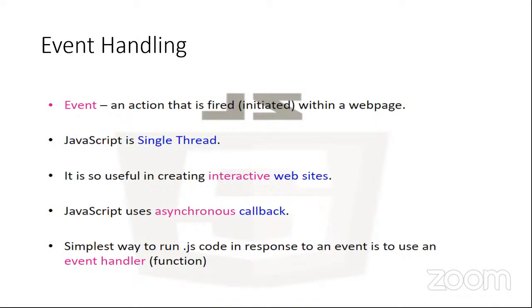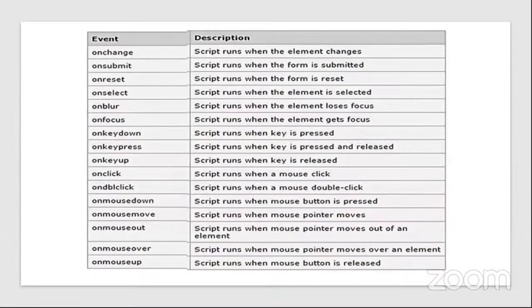An event handler is just a kind of function which we have to define. Here you can find different events which can be performed in JavaScript: onchange, onsubmit, onreset, onselect, onblur, and so on.